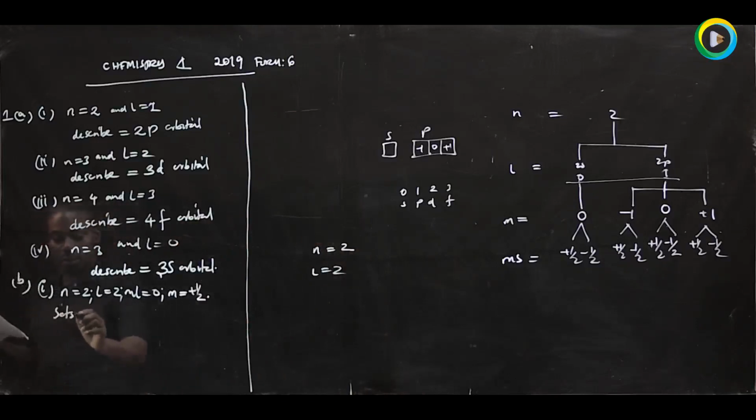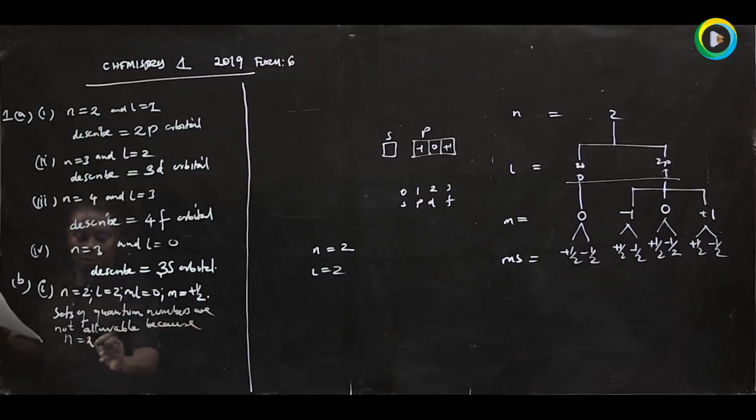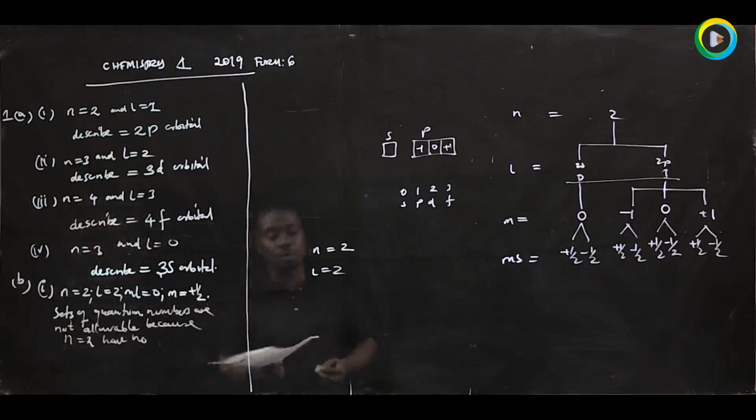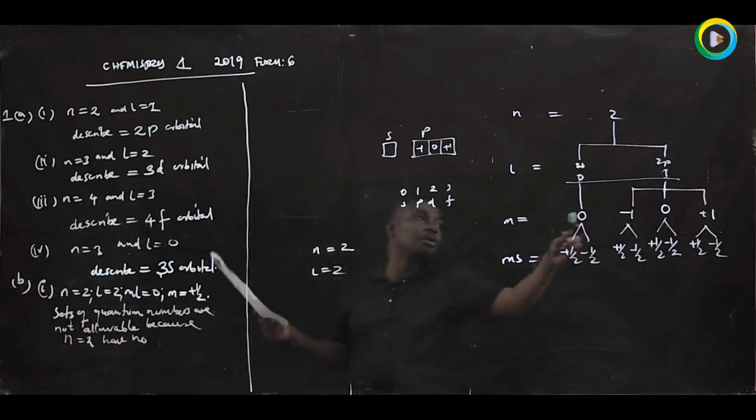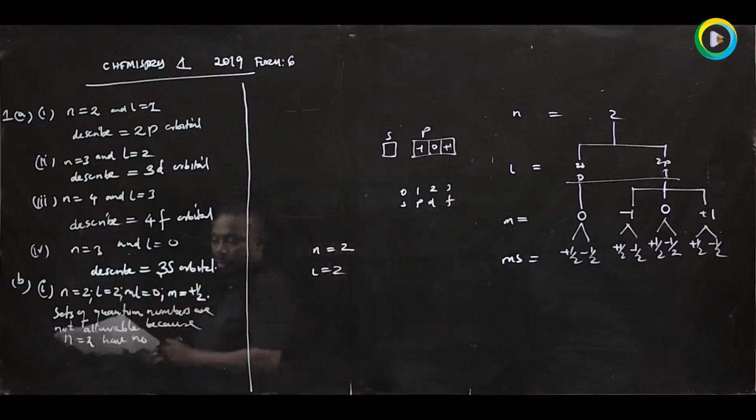The set of quantum numbers are not allowable, because n is equal to 2 has a maximum l equal to 1. Having n equal to 2 and l equal to 2 is not allowable.